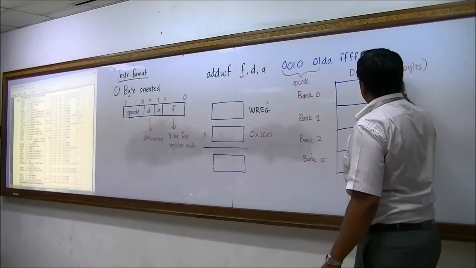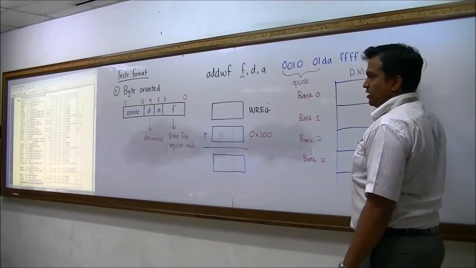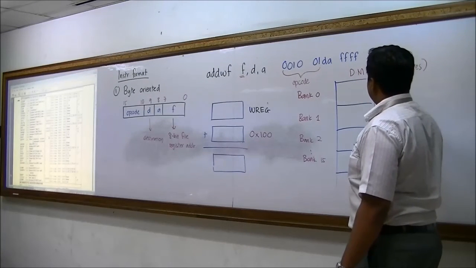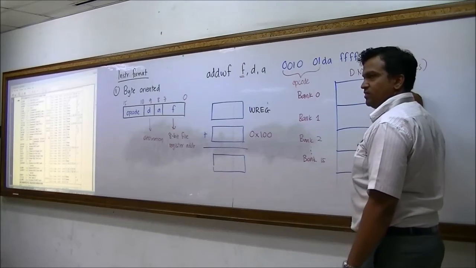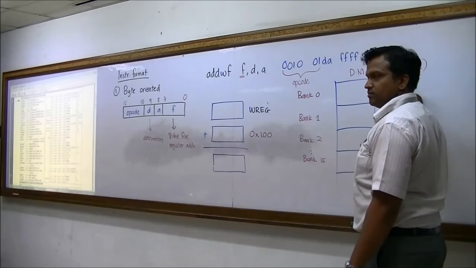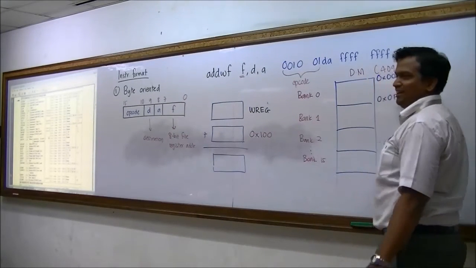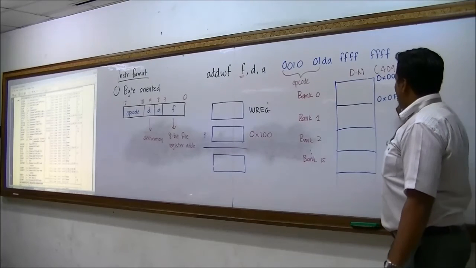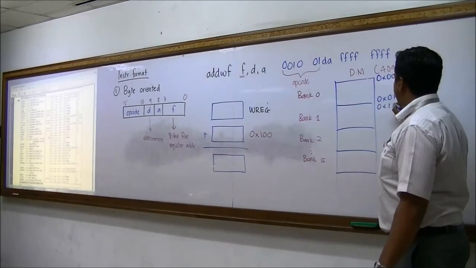So this one has the address 000. When it reaches 256, what happens? 00 to FF is 256, right? After 0FF is what? It's actually 100.